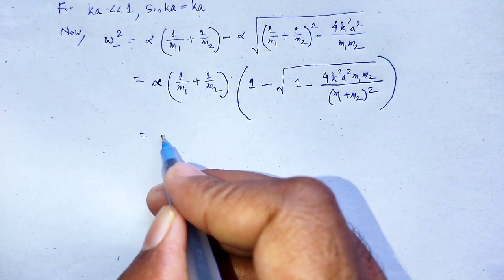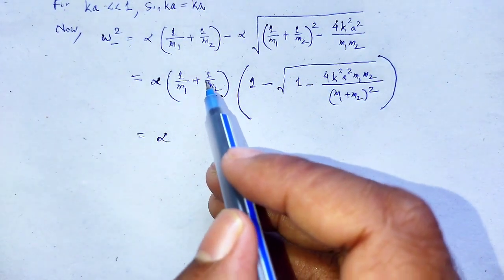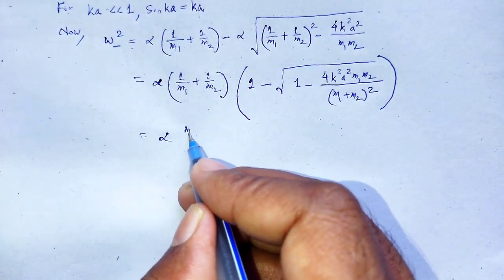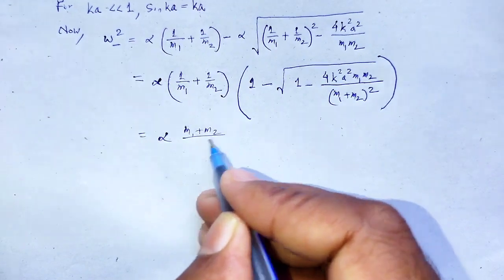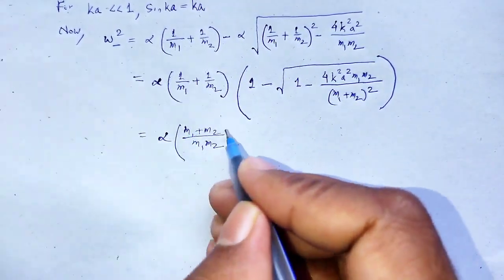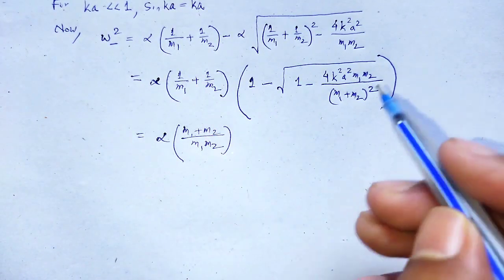Now we can write that term as (m1 plus m2) divided by m1 m2, taking the LCM and adding these two.